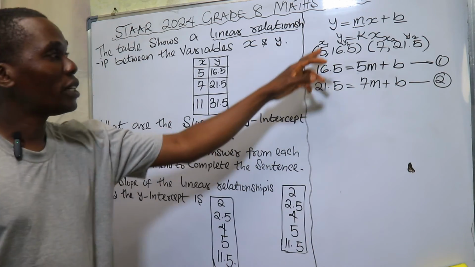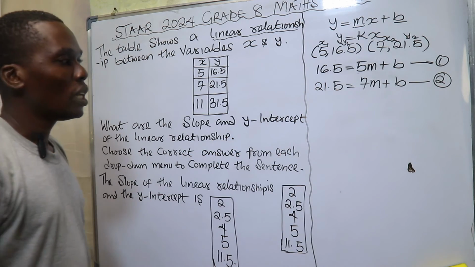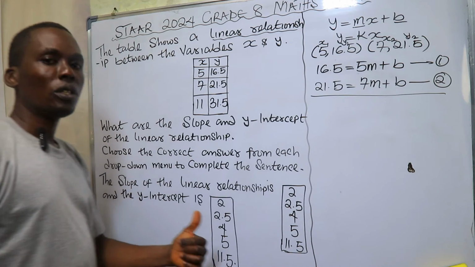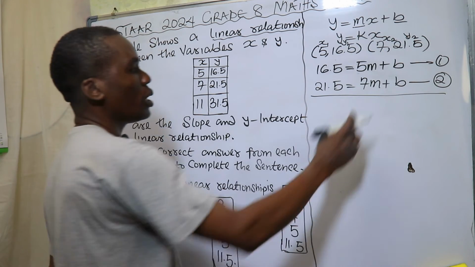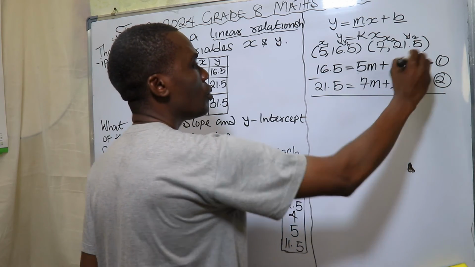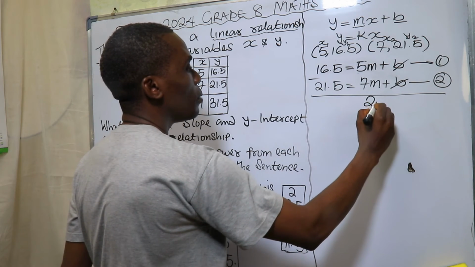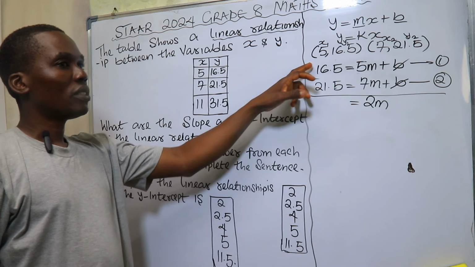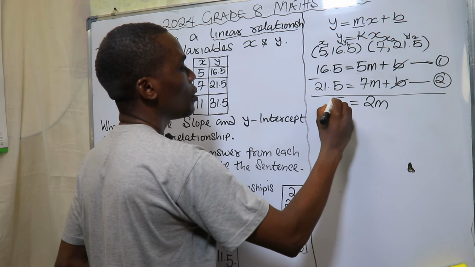Since we are asked to find two variables, we can use simultaneous equations. Now, using the elimination method, we're going to subtract equation 1 from equation 2, and the b will become 0, right? While 7 minus 5 is going to give us 2m equal to 21.5 minus 16.5, which is going to give us 5.